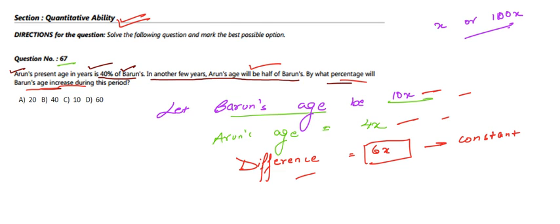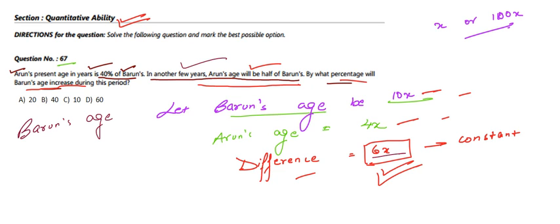So let's check the second part. In a few years Arun's age will be half of Barun's. So after a few years we need to take a condition where Arun's age is half of Barun's, as well as keep this 6x difference constant. So how is it possible? Let Barun's age after another few years be y.